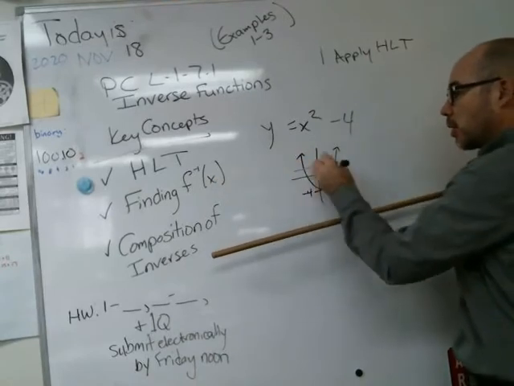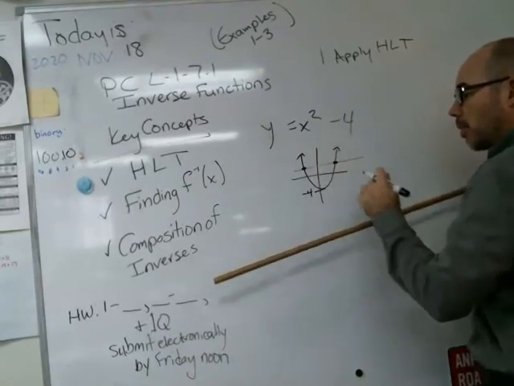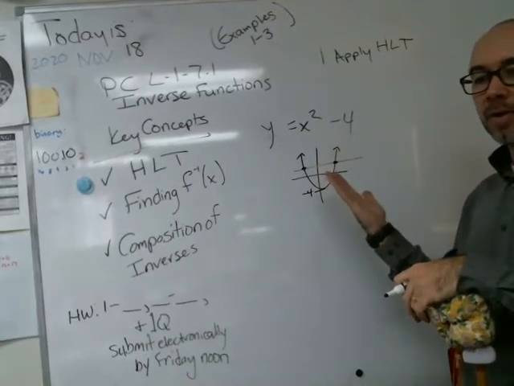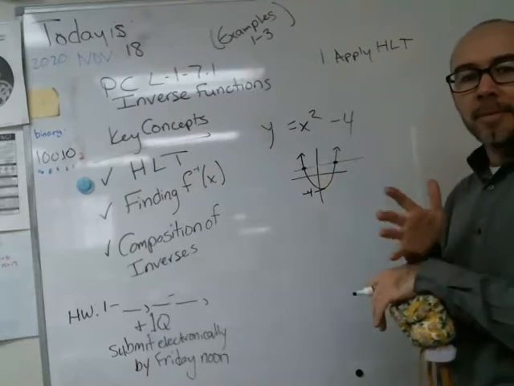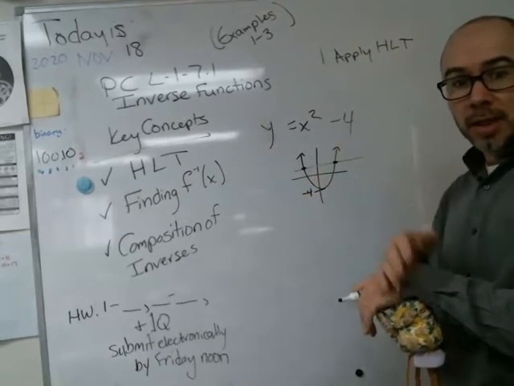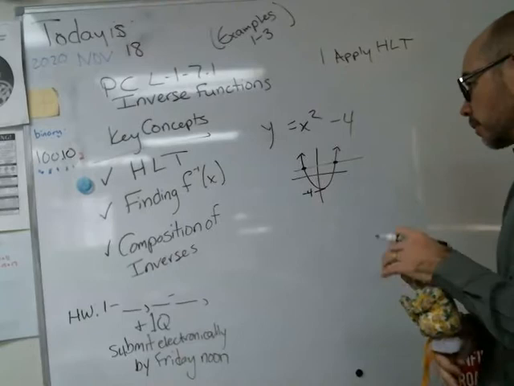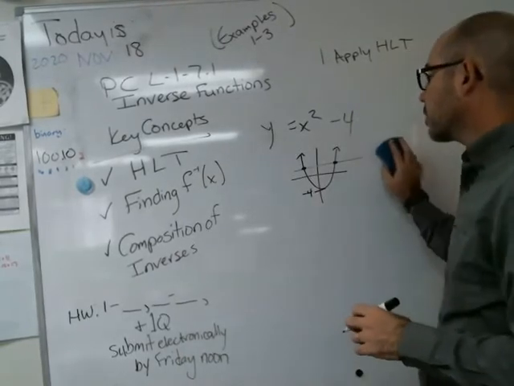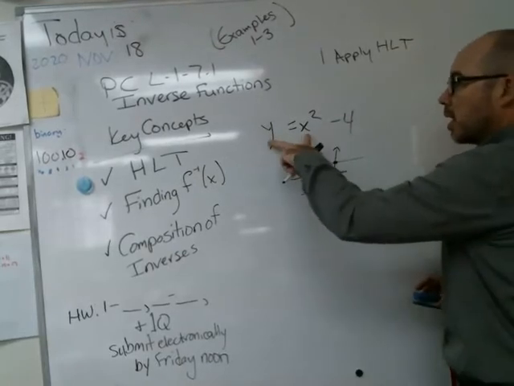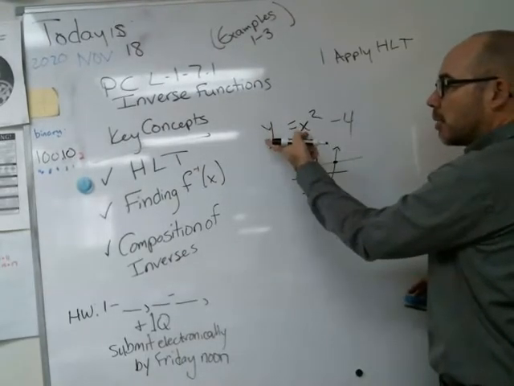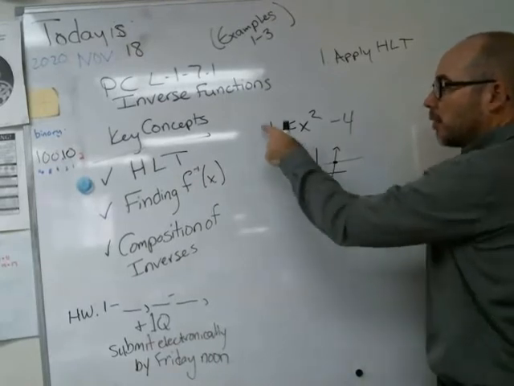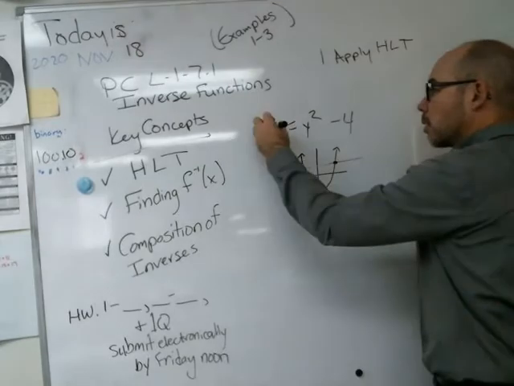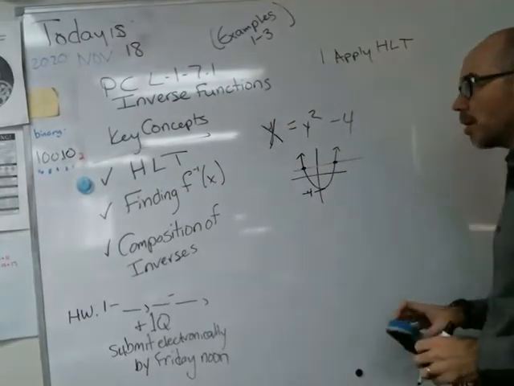If I drew a line through here and it cuts through the parabola there and there, and I went to find the inverse relation of this, it would not pass the vertical line test and be a function. So what would that look like? Well, the inverse of this function would be taking the x's and the y's and making them trade places. So the inverse of y equals x squared minus 4 would be x equals y squared minus 4.